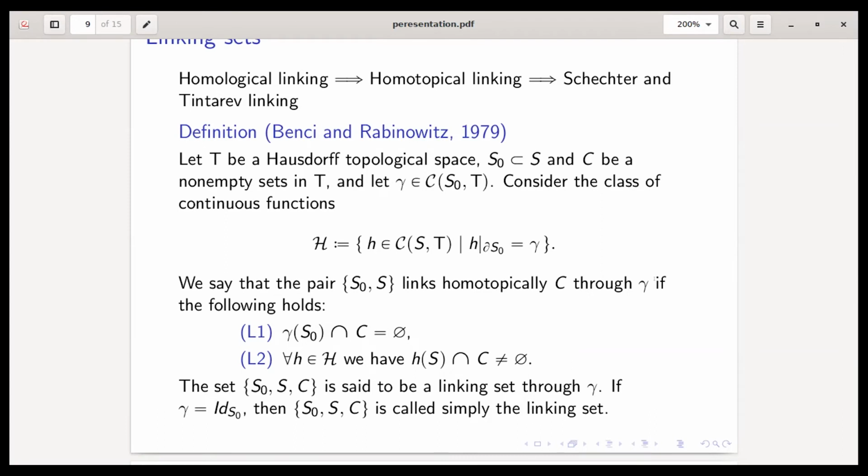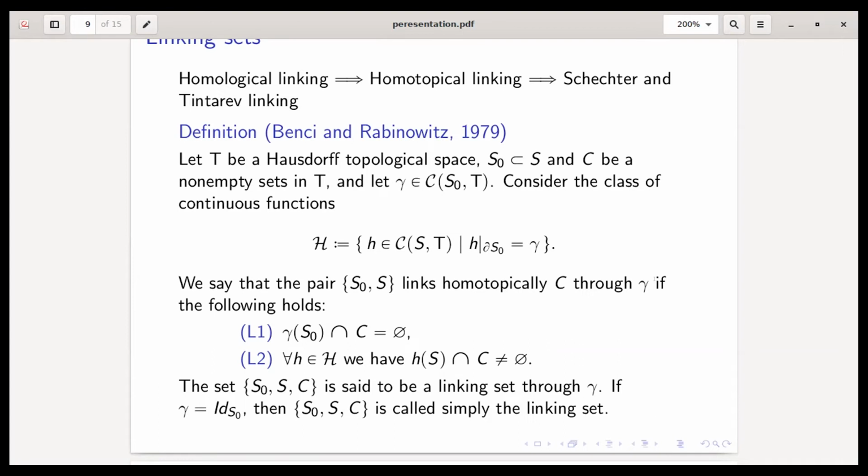And these linking sets will provide us a sequence such that, as in the first slide, f of x_n approaches a constant and the norm of the derivative at x_n approaches 0. Then we will need to verify the compactness condition.